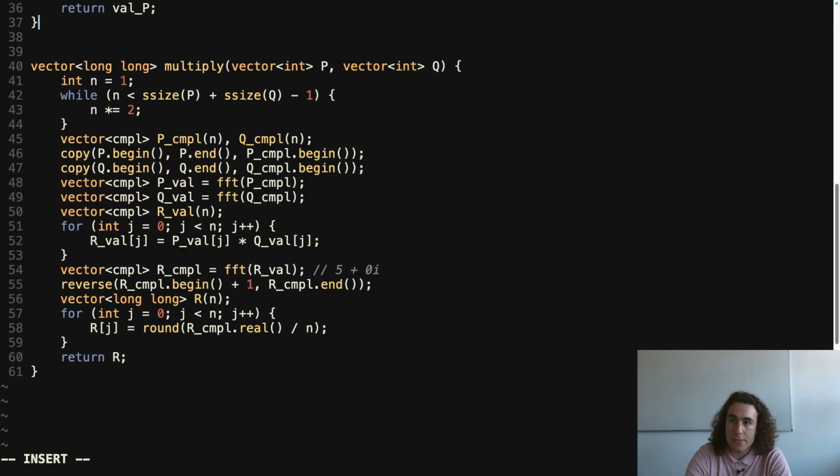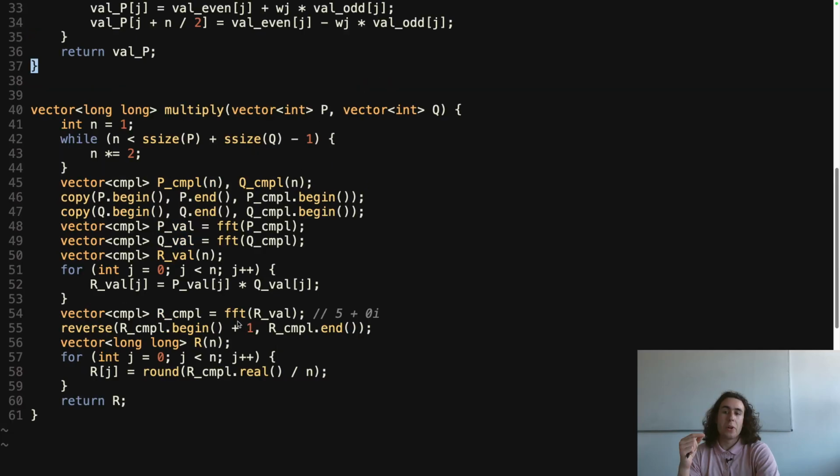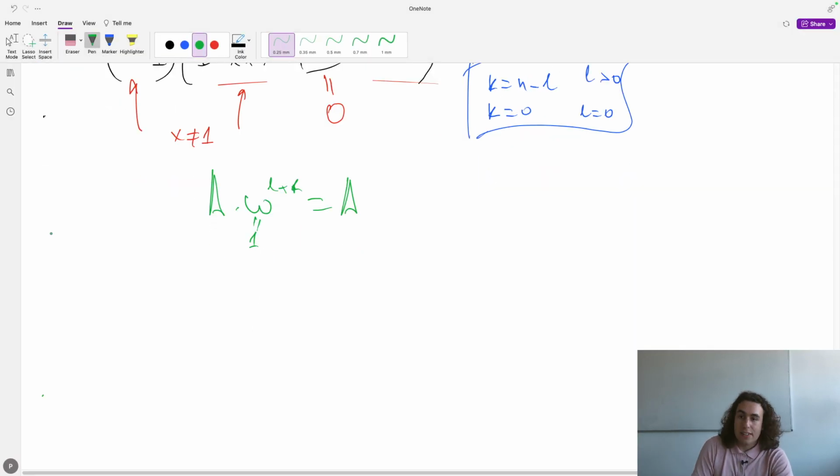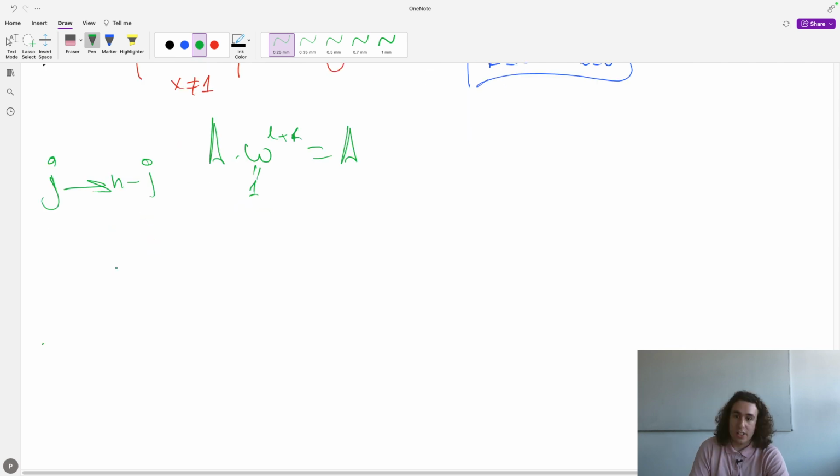We only have the normal FFT. We can apply it for the reverse direction. We just need to reverse everything starting from the first index, not from the zeroth, right? From the first one, because we need going from index j to n minus j. So our indices are like 0, 1, 2, 3, 4, 5, 6, 7, for example.